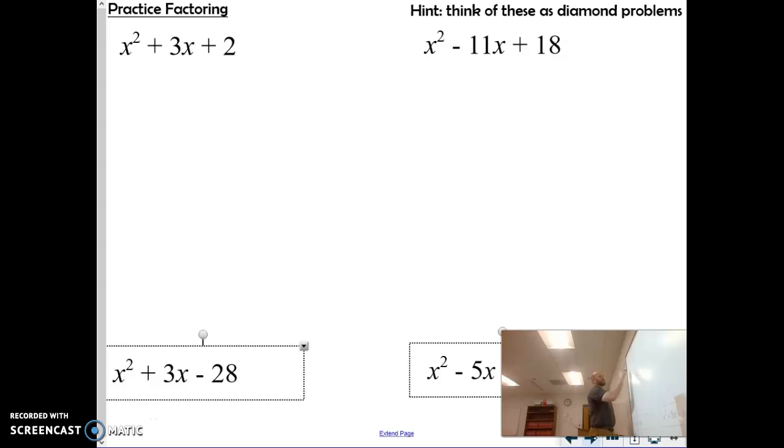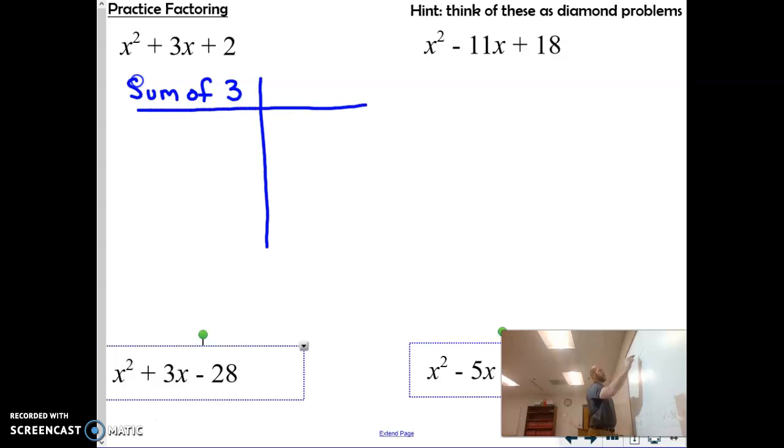So in this case, we're looking literally for the sum of 3 and the product of 2.